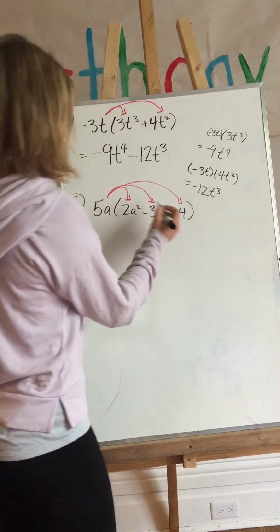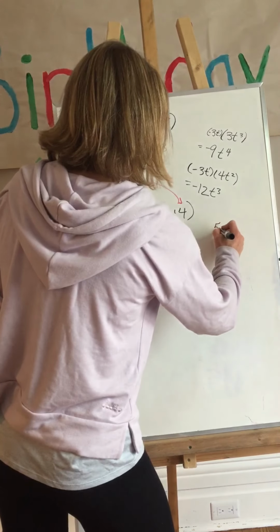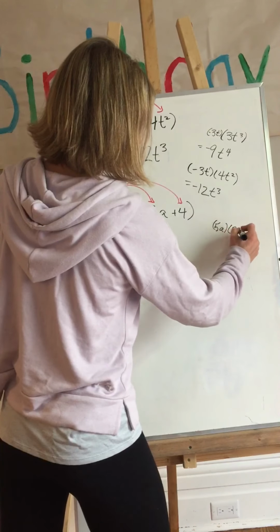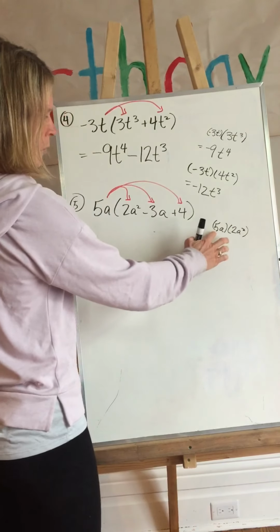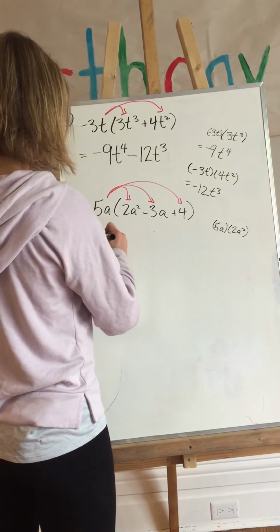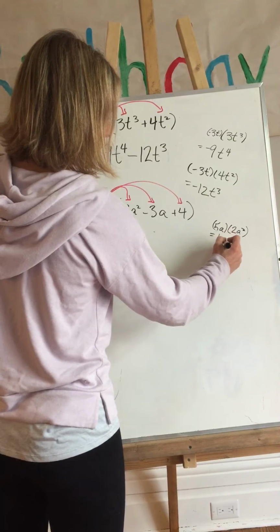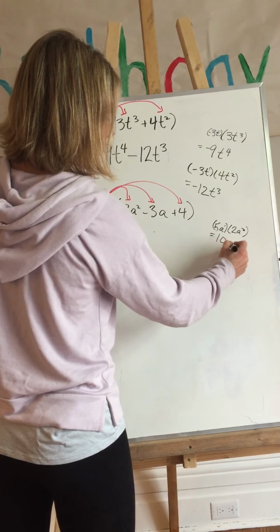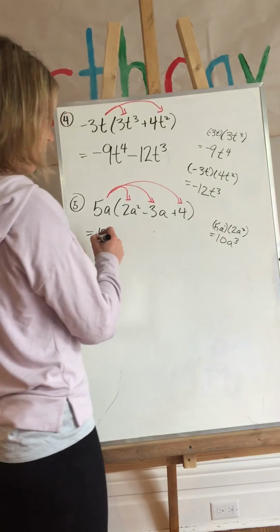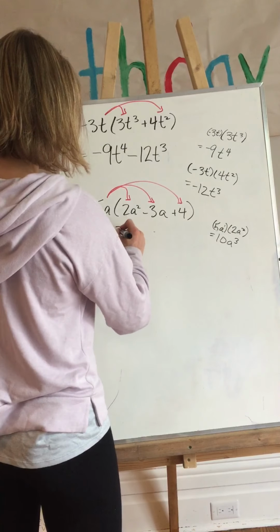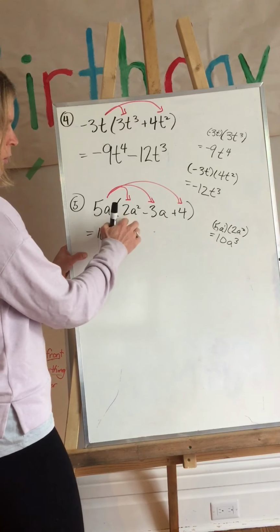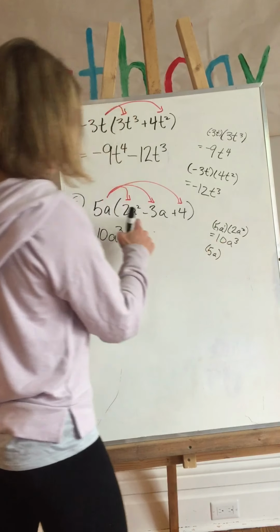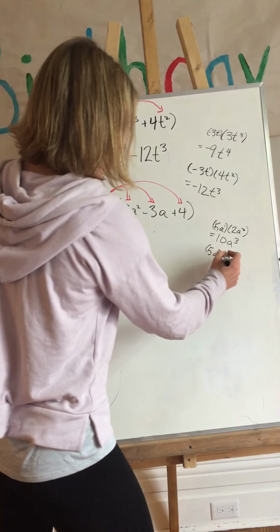My first arrow for my rough work over here is 5a times 2a squared. So 5 times 2 is 10, and then a1, a2, that's a cubed. Okay, so 10a cubed. That's my first term, first arrow. 5a times negative 3a.